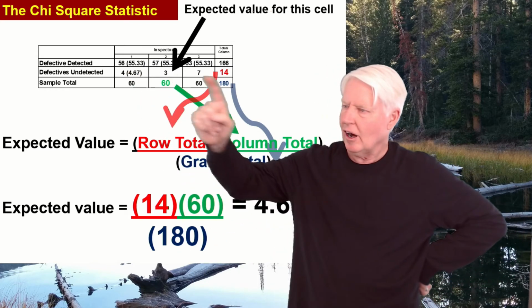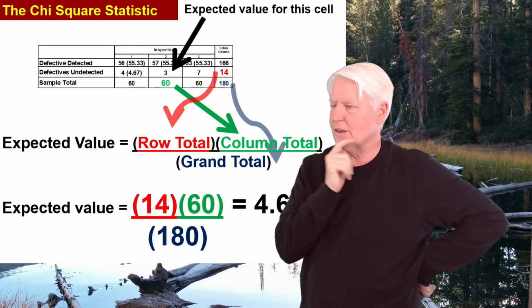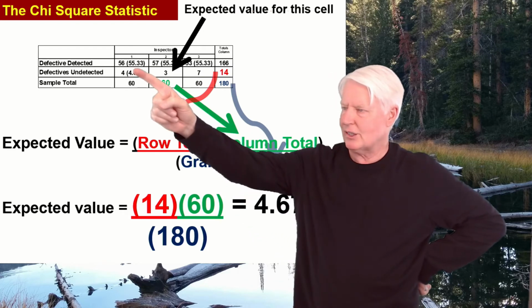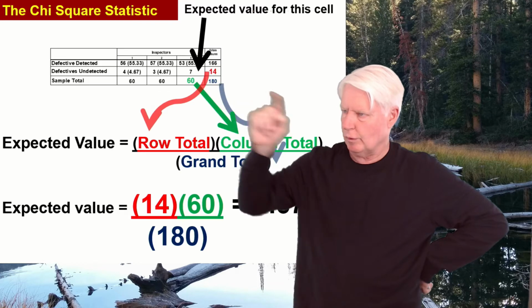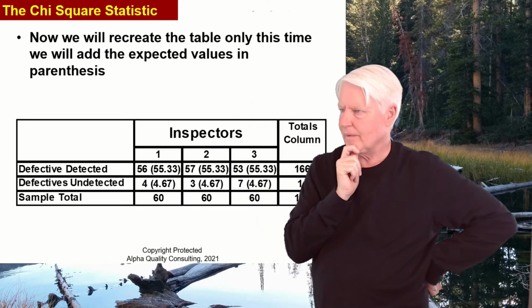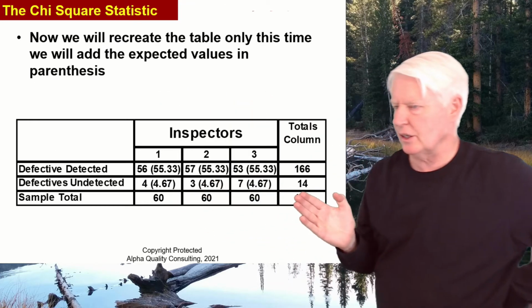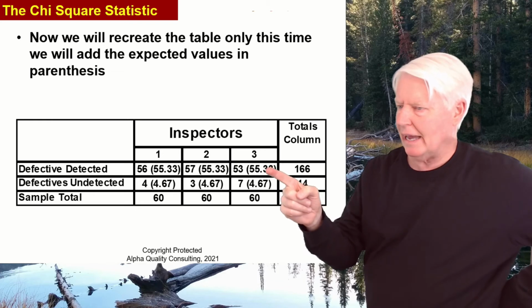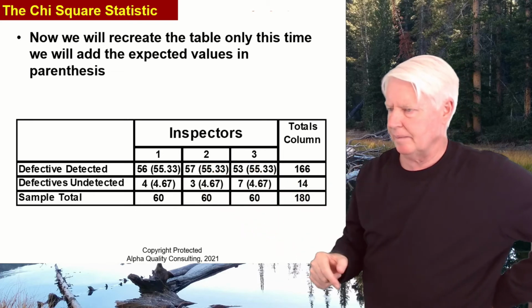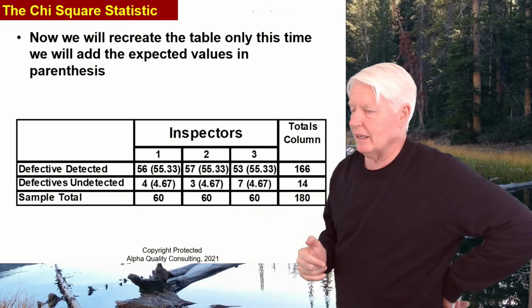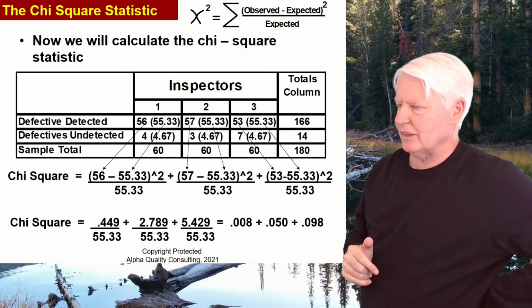Well, guess what? All the row totals and columns are the same value, so all of these are going to have an expected value of 4.67. And here's my completed contingency table. For every cell I have expected and observed. So now I'm really ready to start doing the mathematical analysis.